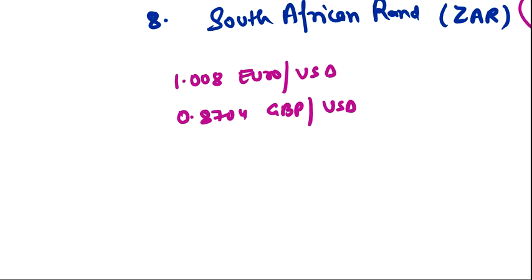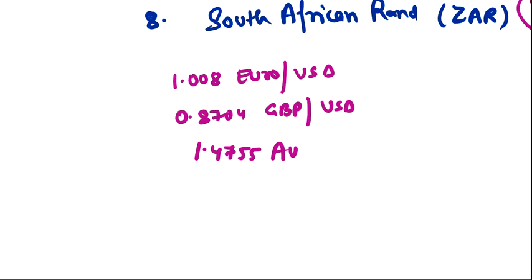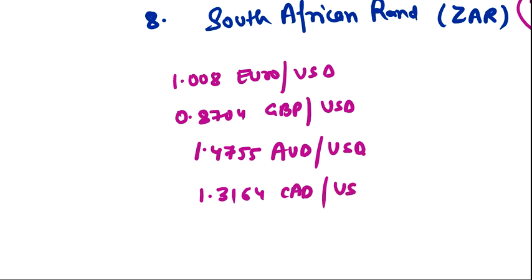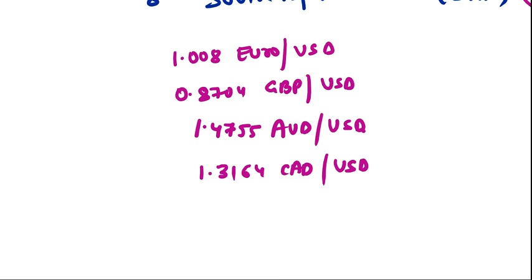If I tell you 1.4755 AUD per USD, AUD Australian dollar. Clear? 1.3164 Canadian dollar per USD. Clear? Then 1.4061, it's Singapore dollar per USD.